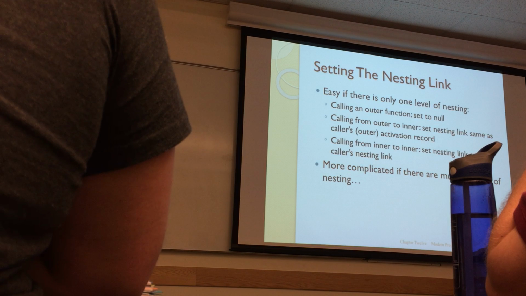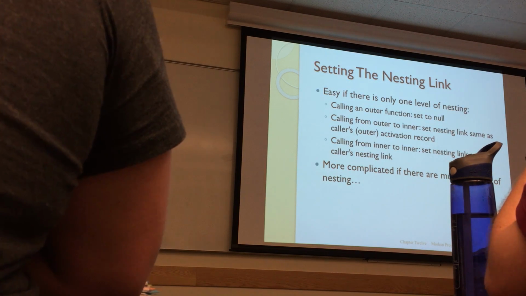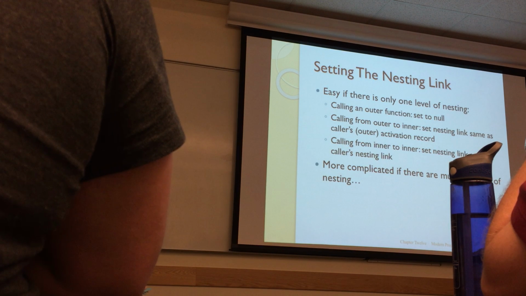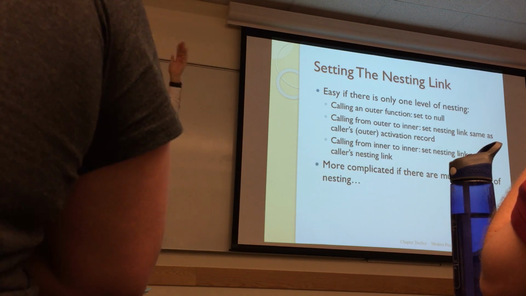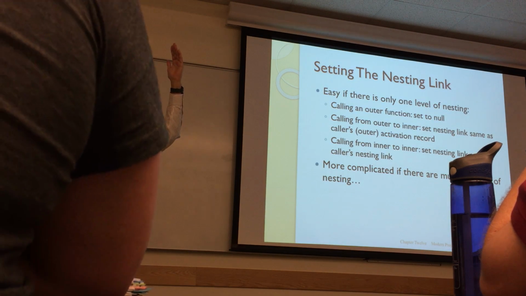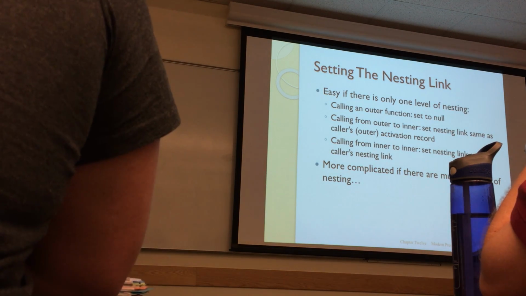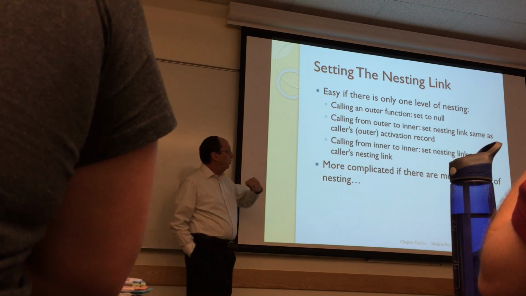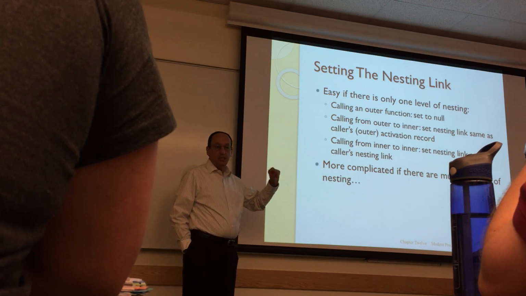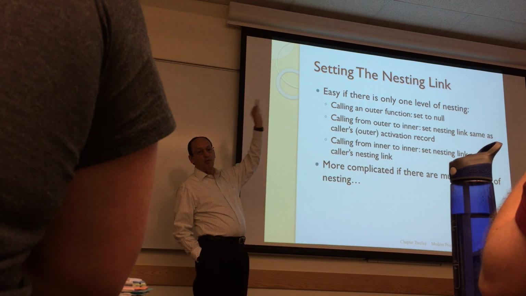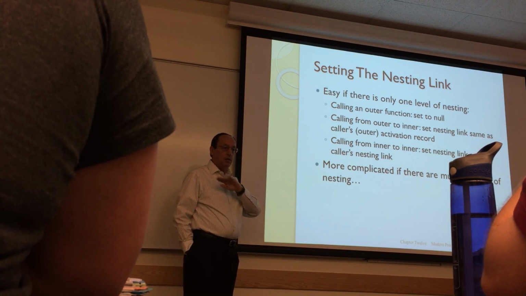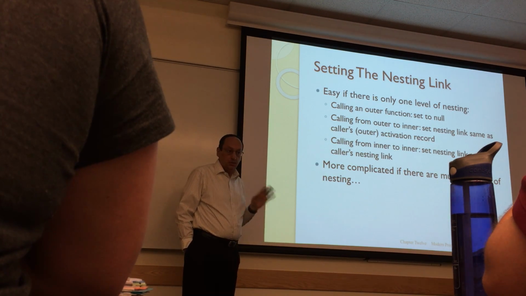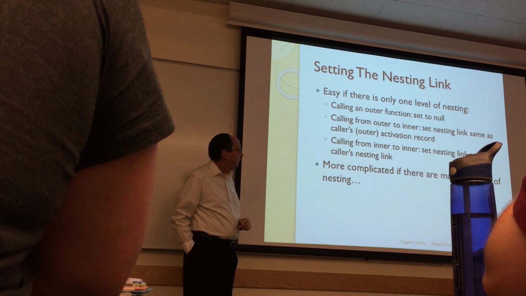If you're calling a function at the top level, it's not considered to be nested inside of anything. So the proper thing to do for the compiler is to generate code that will set the nesting link of that outer function that you're calling to be null, because it's not nested inside of it.